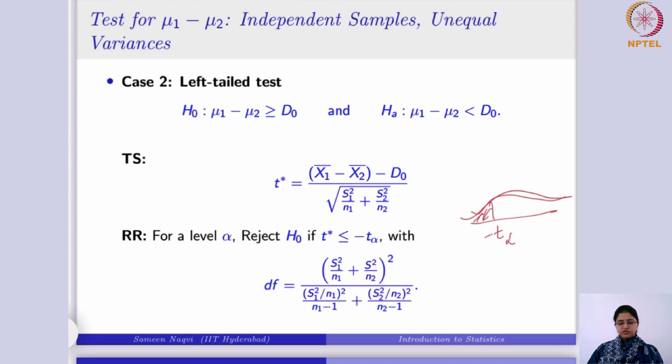So if it is falling in this region, then you would reject the null hypothesis. Other things would remain the same, with just the difference that the rejection region and hypothesis keep changing. Once you have identified the test statistic for a particular situation, you can keep on using it for different cases, whether it is a right tail, left tail, or a two tail test.